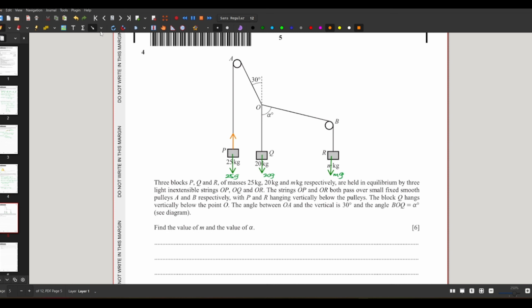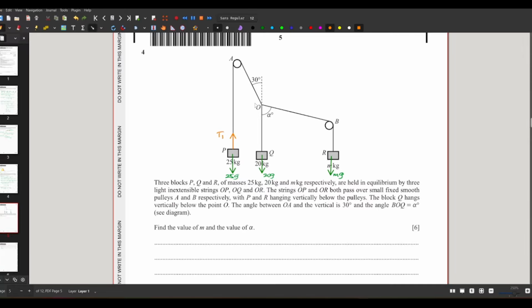So first case, from P to A, or let's say P to A and until O, it's one string. So the tension of that string is the same. Then we can say that this is T1.